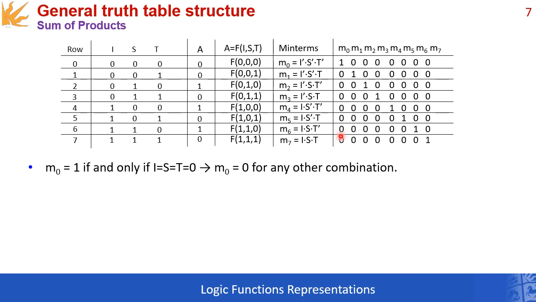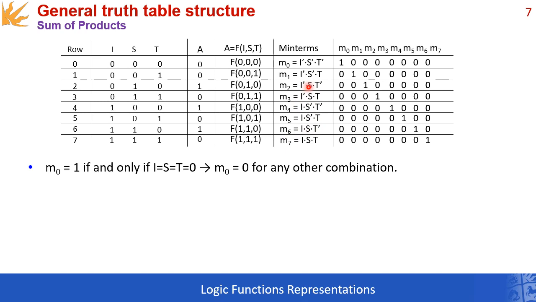And why is this? Because we are using a logic AND, which demands for all of its inputs to be equal to 1. Now, in this AND combination over here, for example, all 3 inputs are equal to 0 when it comes to the minterm 0 here, because we use the complements of the inputs.